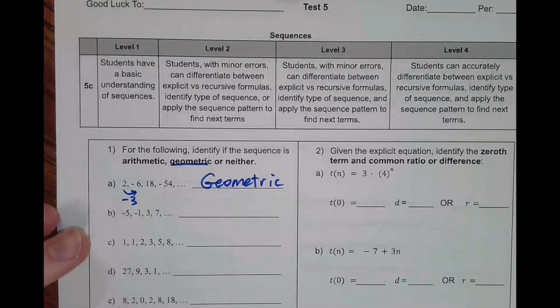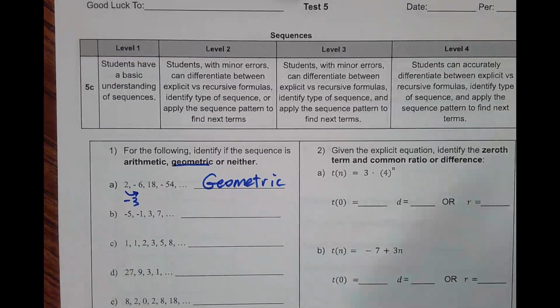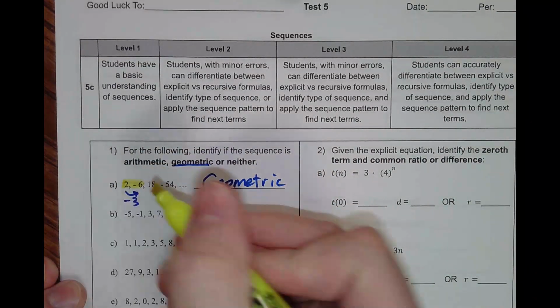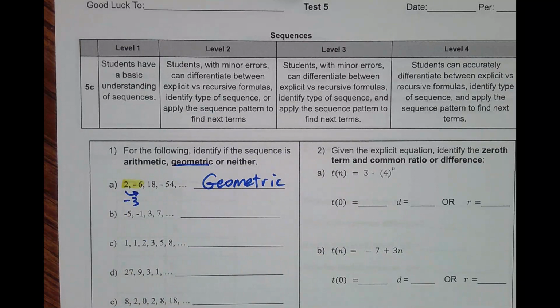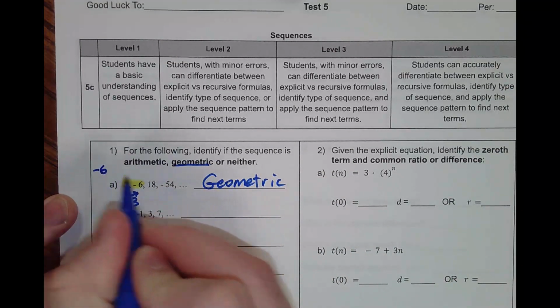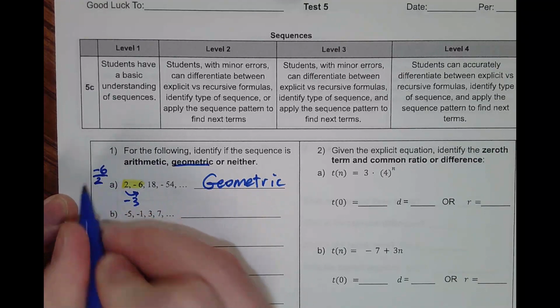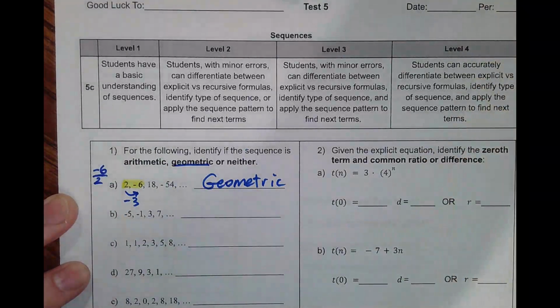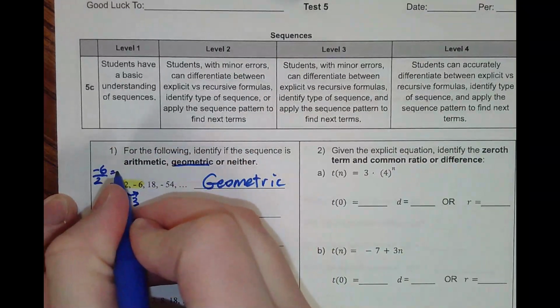Remember, there's actually a trick where you can use the first two numbers to decide what the multiplier is, right? What do we do? We take -6, the second number, and divide it by the first number. So -6 divided by 2 is -3.